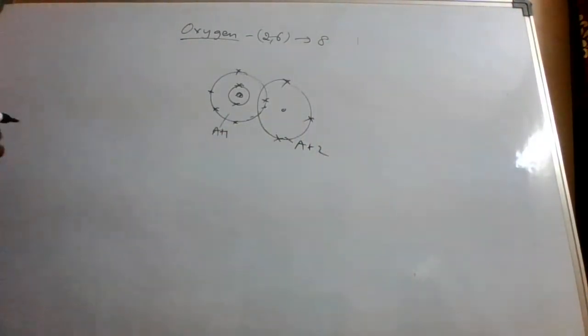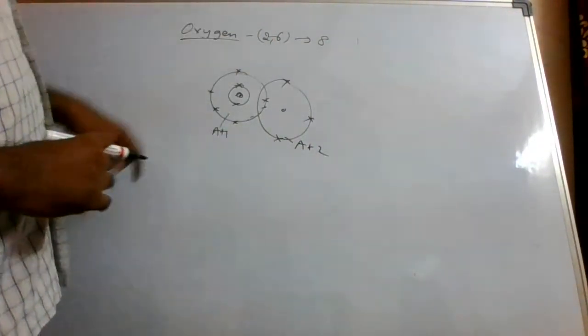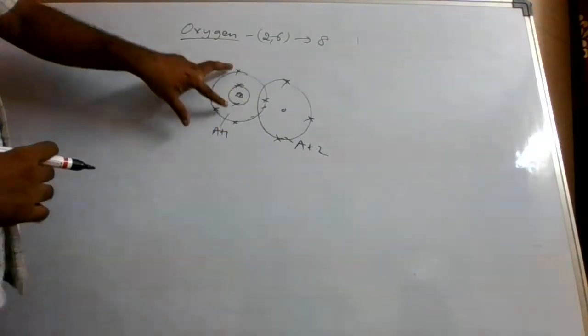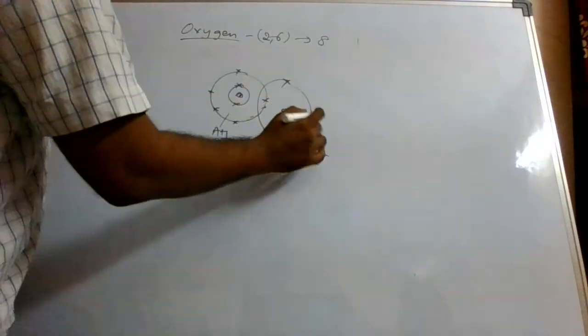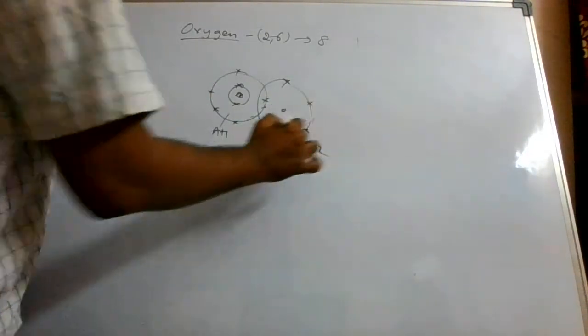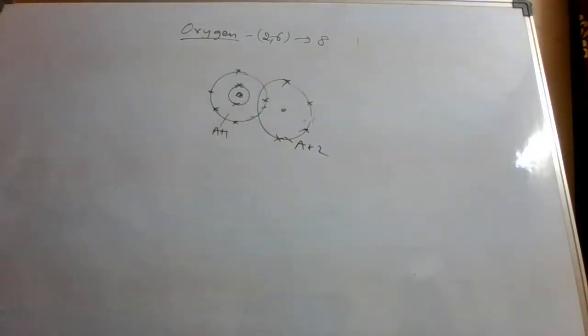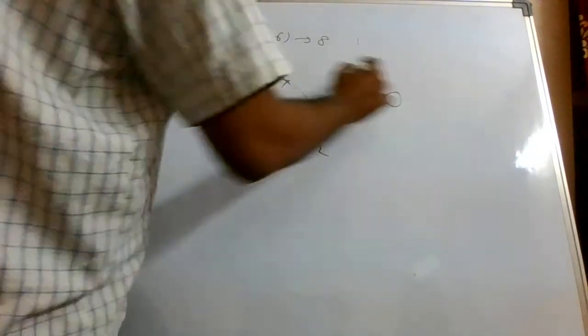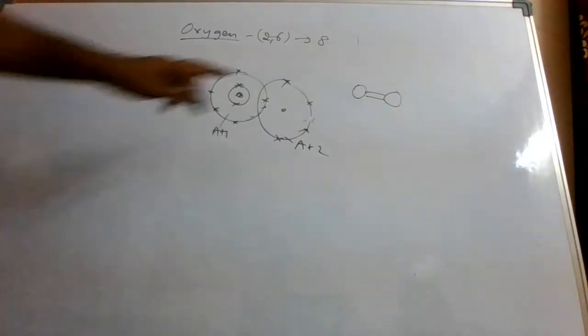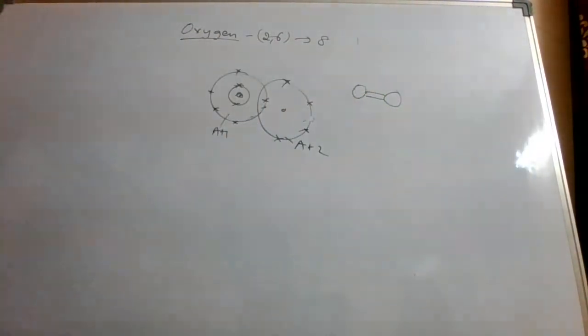So in the outermost, how many should you have? You should have 6. So 2 here, 2 here and 2 here. Even for this also, 2 here, 2 here and 2 more here. I am talking only about the outermost. So how do you show this? You can show this with a double line. This is oxygen, oxygen with a double line.